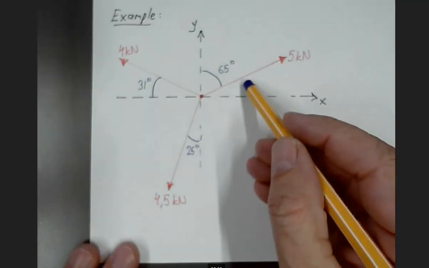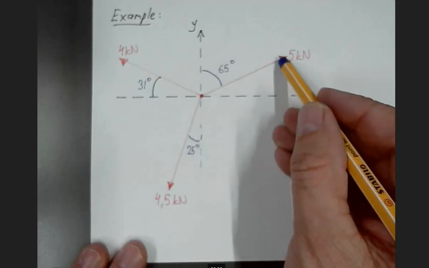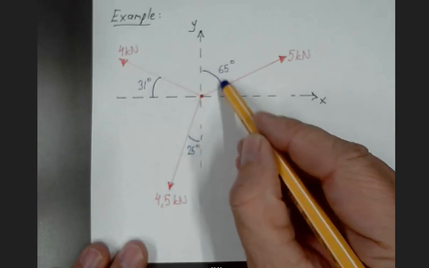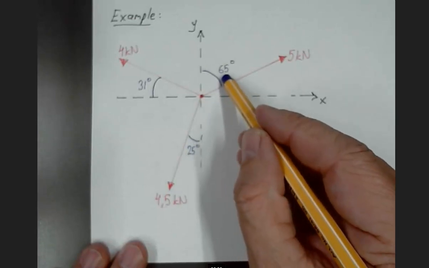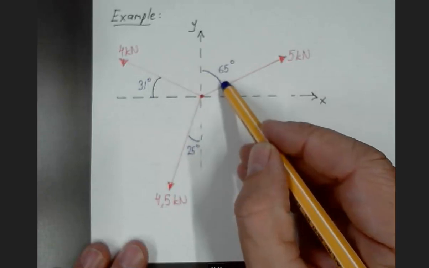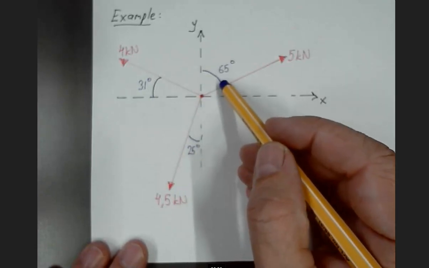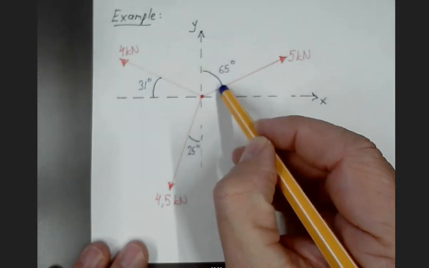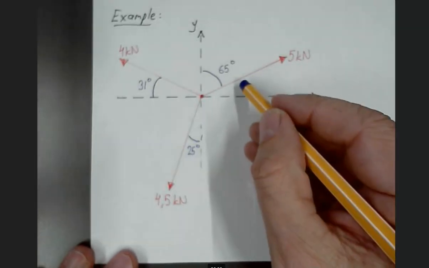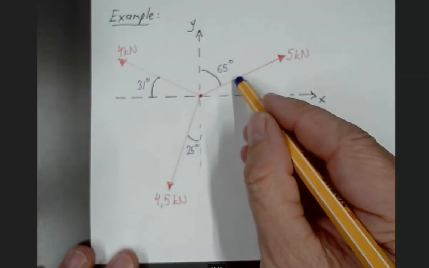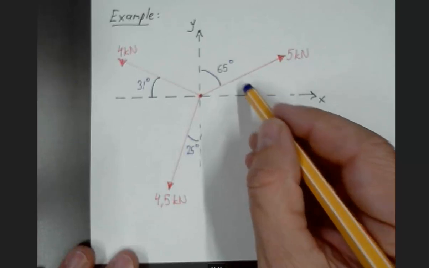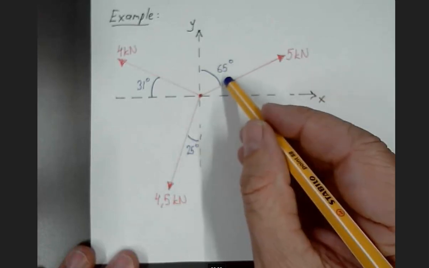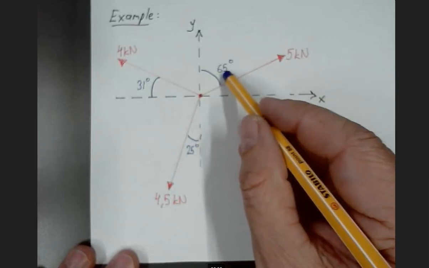So when I have, for example, this force here, and I know this angle here, 65 degrees, but this is measured from the direction of the vertical plane. So this is 65 degrees, but the angle which this vector forms with the horizontal plane or the x-axis would be 90 minus 65.